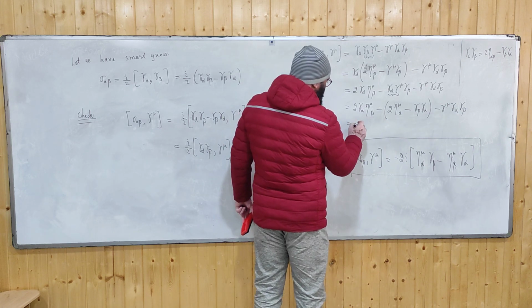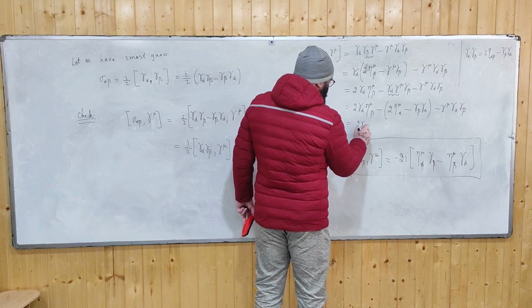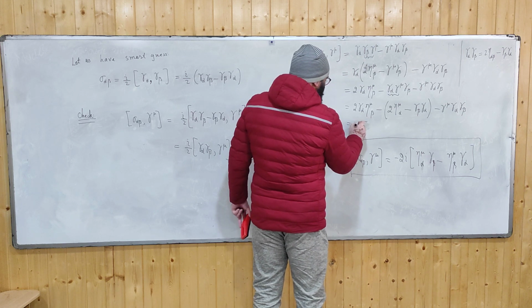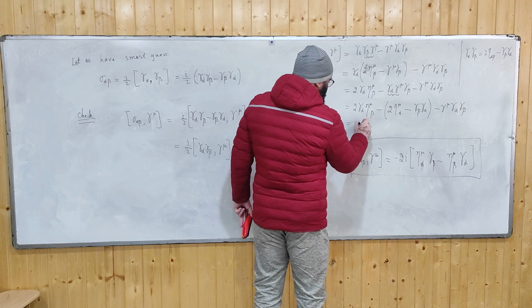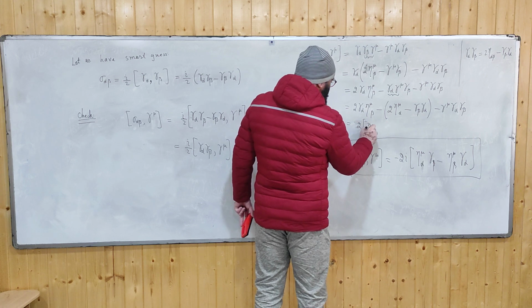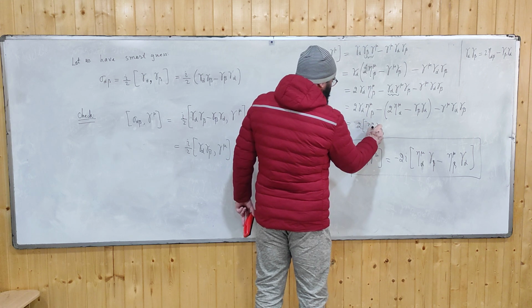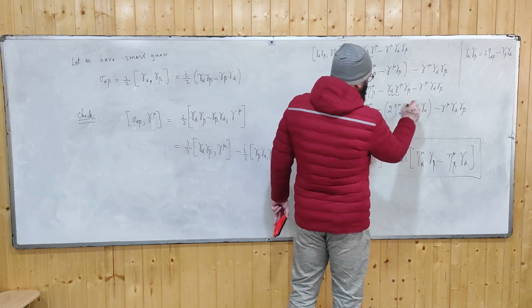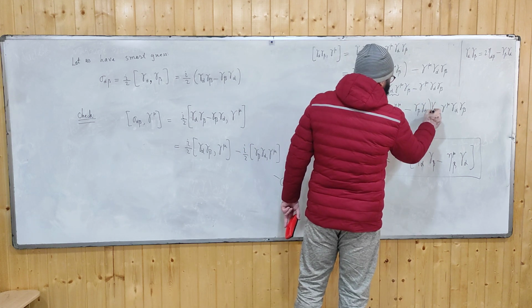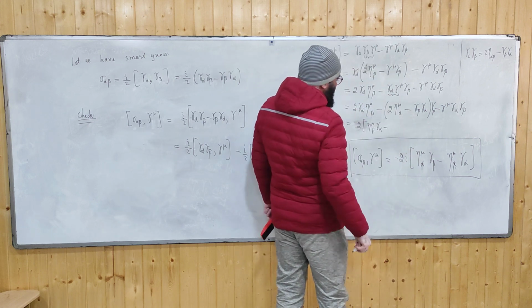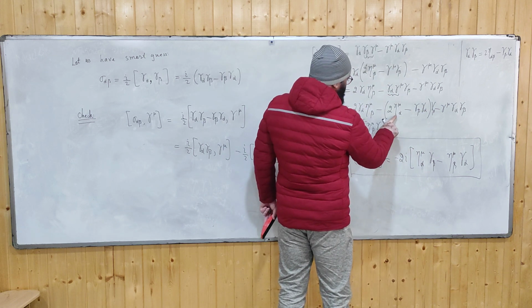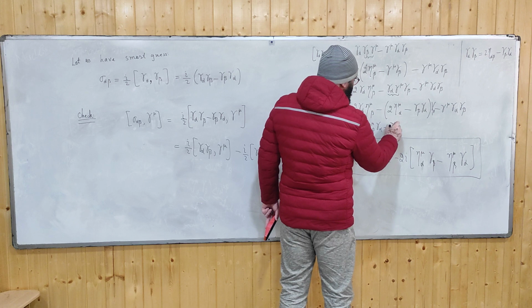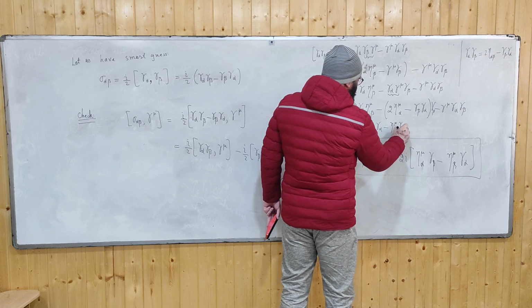So you are having twice eta mu beta gamma alpha minus, and you are having a gamma beta here as well, then eta mu alpha gamma beta.